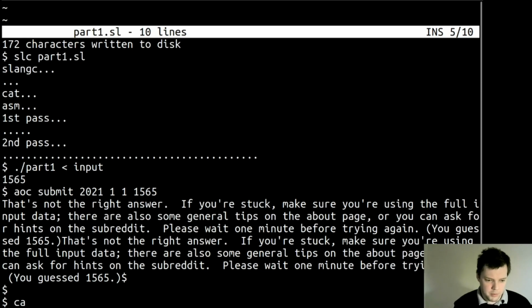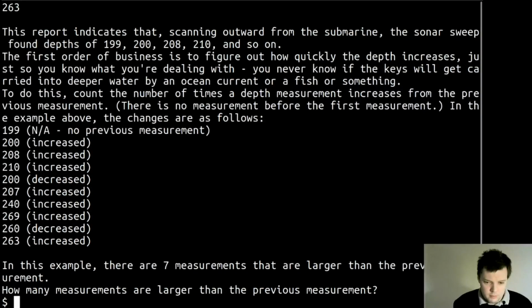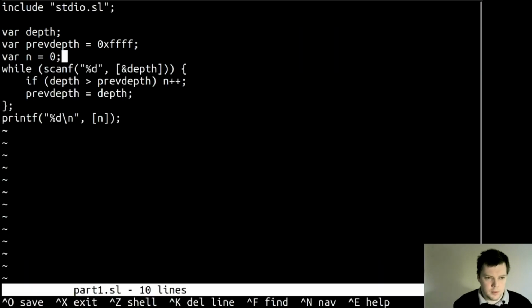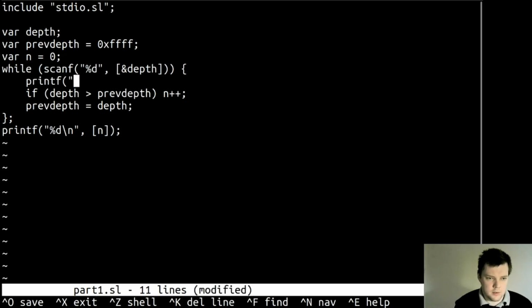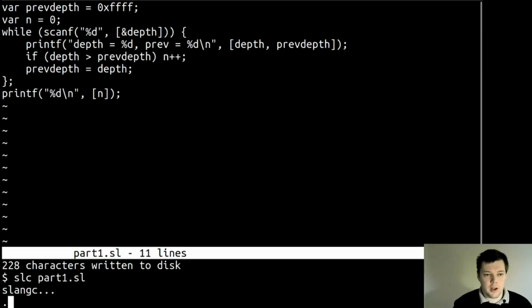Right, let's read the problem properly then. If depth is greater than prev depth, n++. Oh, I know what the problem is.